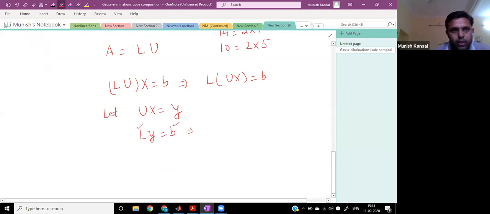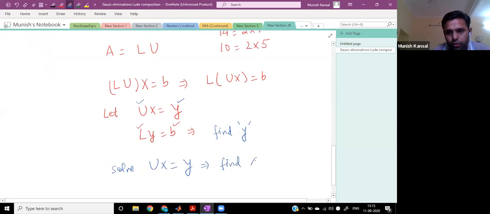So from here you can find out Y, right? Now, once you get the value of Y, you plug in into this equation, you have the value of U. So you can solve UX is equal to Y to find out the value of X, right? So this is how the LU decomposition method works, right?